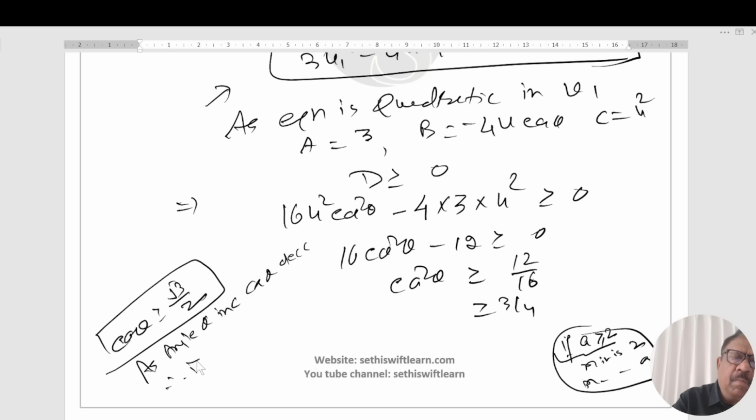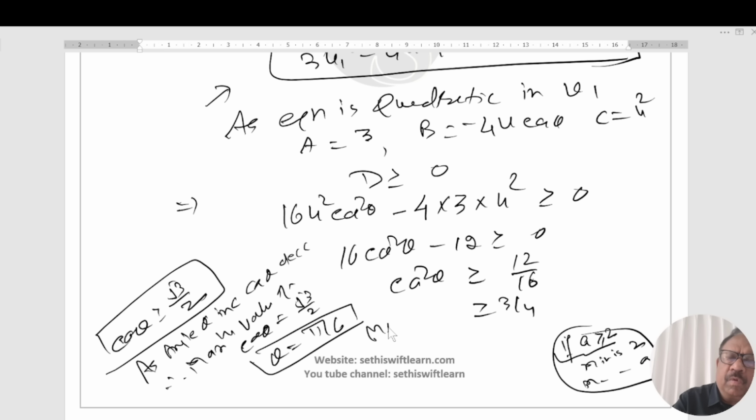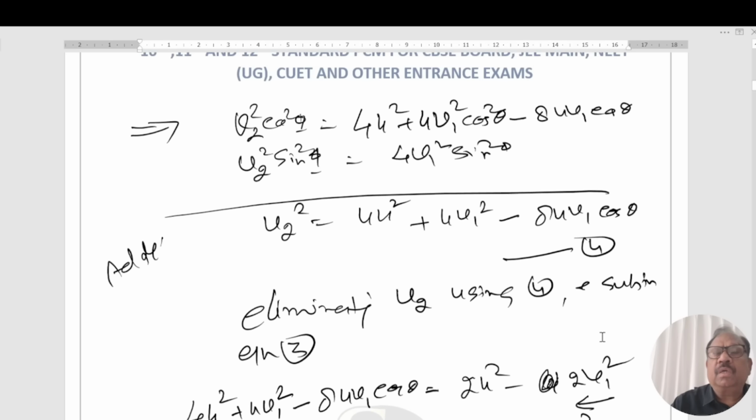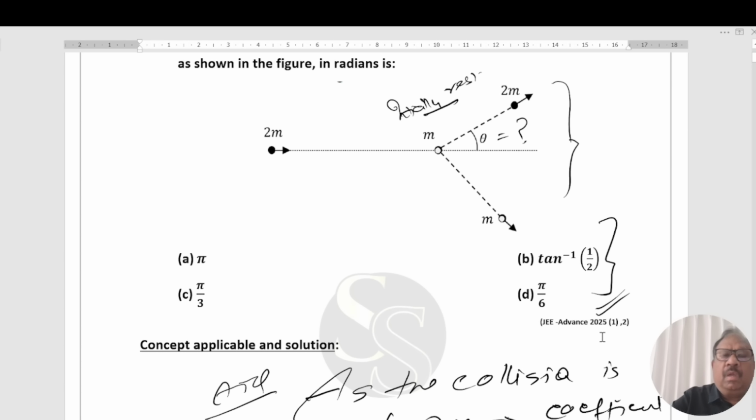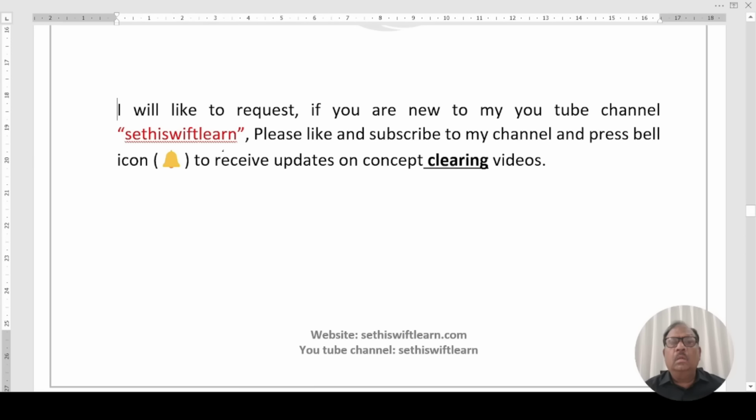Therefore, the minimum value of cos theta is root 3/2, and the maximum angle is theta equal to pi/6. This is the maximum value. This is the answer, right? Let's check the answer. The answer is option D, which is the correct option, right?